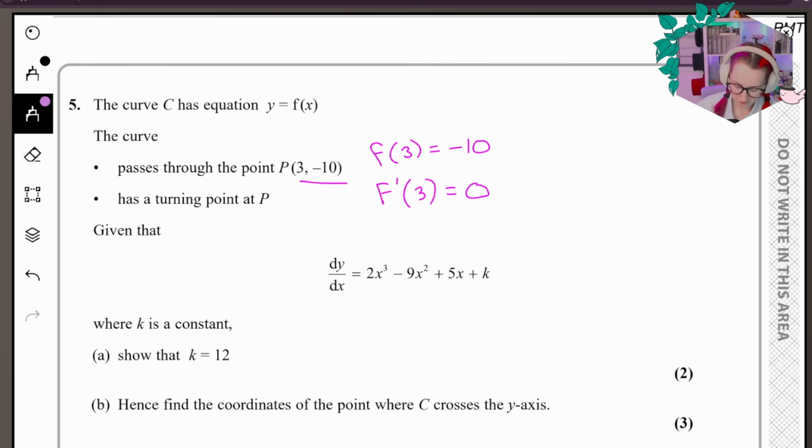Okay, and then we've also been told that this thing is f prime of x, right? dy dx, f prime of x, all the same sort of thing. Show that k is 12.